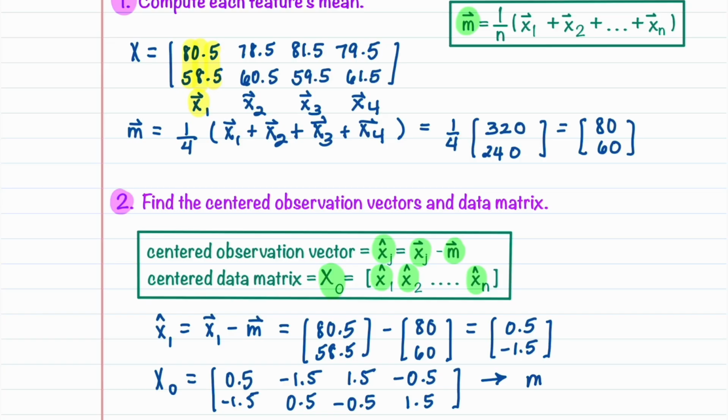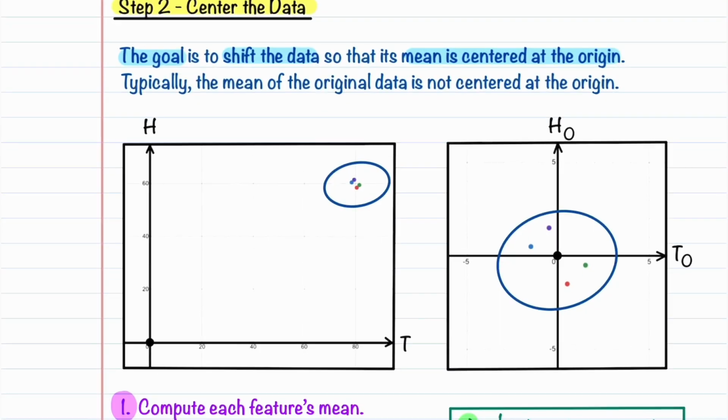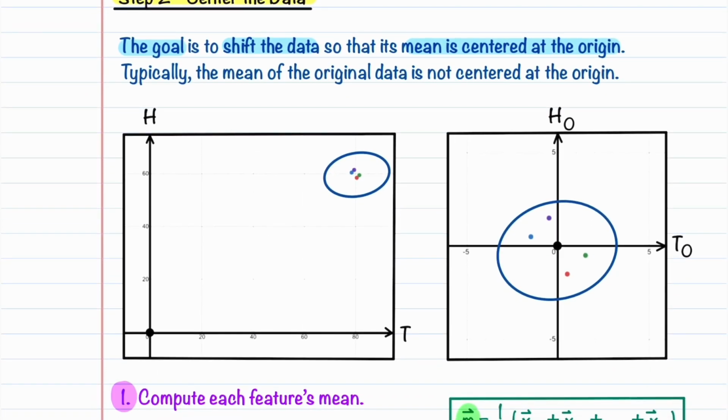So our mean, we'll call this m sub 0, is equal to 0. This just means that the mean is at the origin. These centered observation vectors are the points that we plotted up here on the right-hand side. And you can see that they are centered about the origin because the mean is equal to 0.